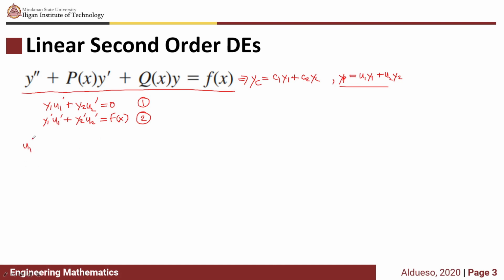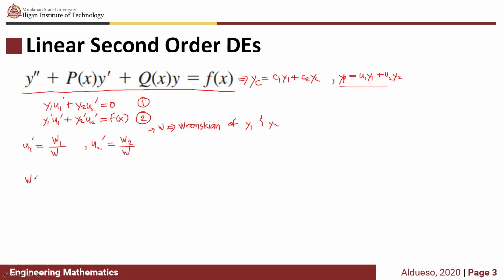So u1 prime is equivalent to w1 over w, and u2 prime is equivalent to w2 over w, where w is called the Wronskian of y1 and y2.